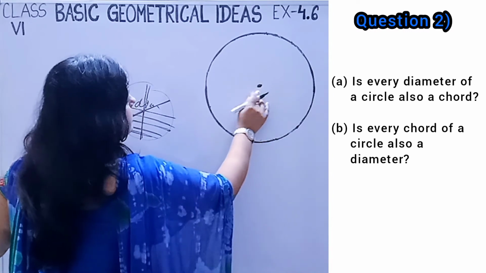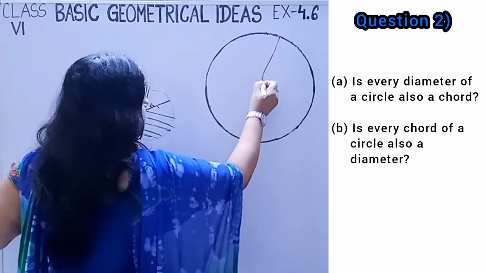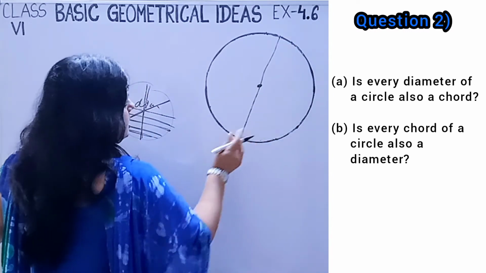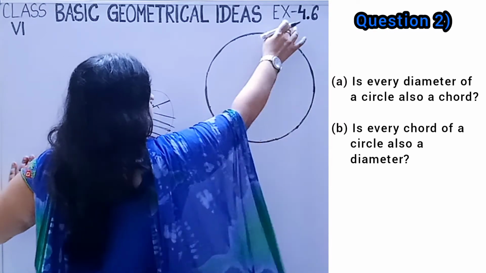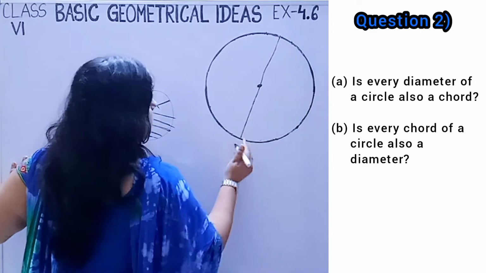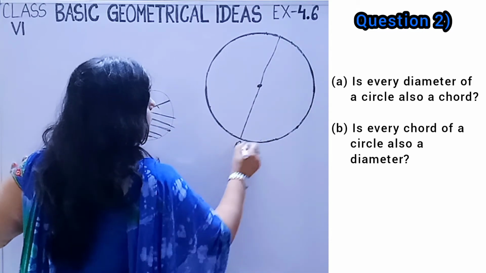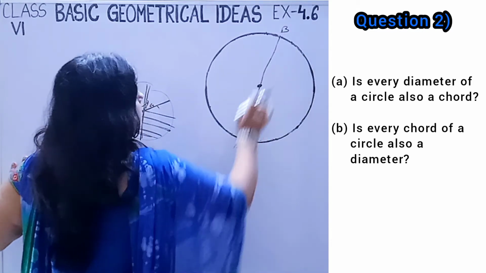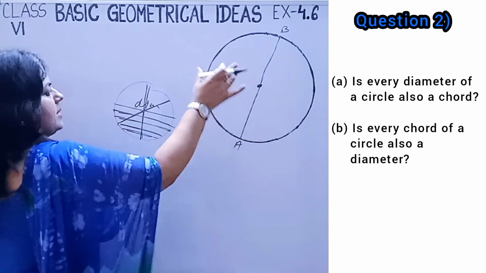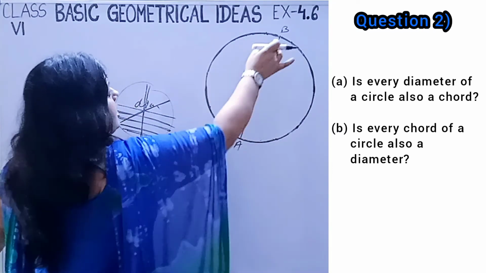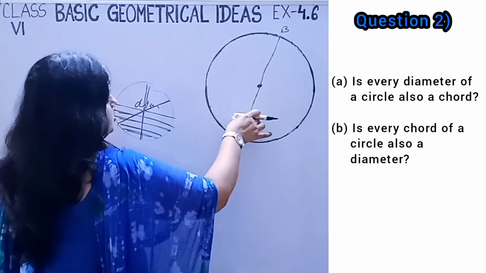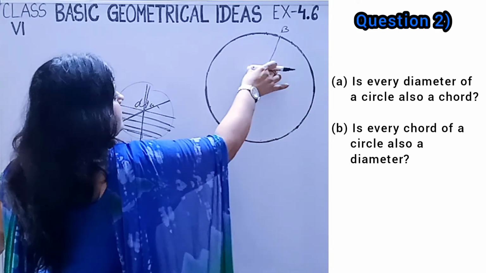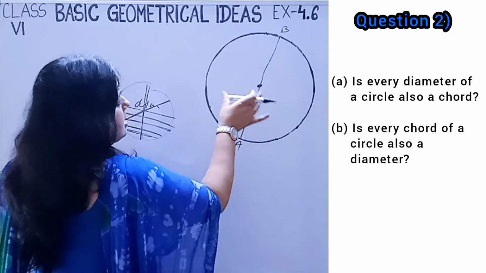This is our center. A line segment which passes through the center, with two endpoints, starting and end points on the circle, AB. So here AB is our diameter, but AB is also a chord. So a diameter is a chord. And what is our question?